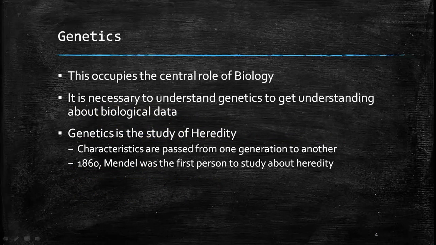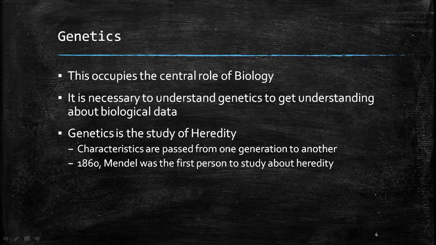Before we move on to statistics applications in biology, it is good to have an understanding of basic biology. Let's see what genetics is. Genetics is a branch of biology and plays the central role of biology. It is necessary to understand genetics to get an understanding about biological data.